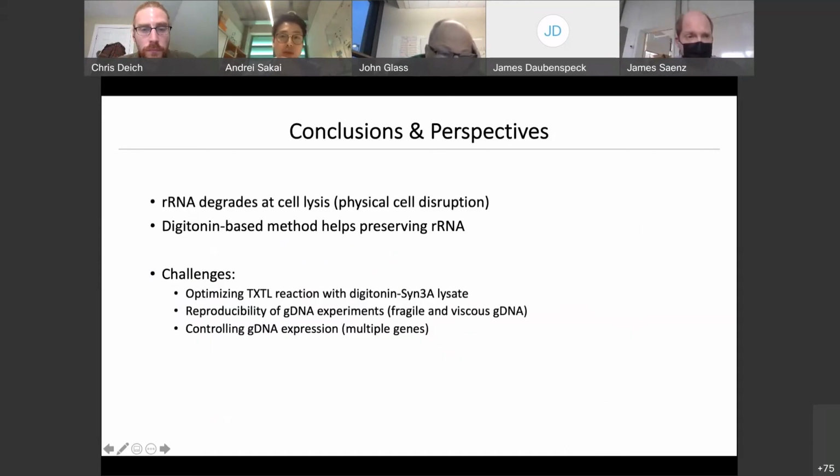Yeah, so my final conclusions: we found out that even the ribosomal RNA degrades at cell lysis, so we have a very strong nuclease activity, and we found that digitonin helps to preserve the RNA content.